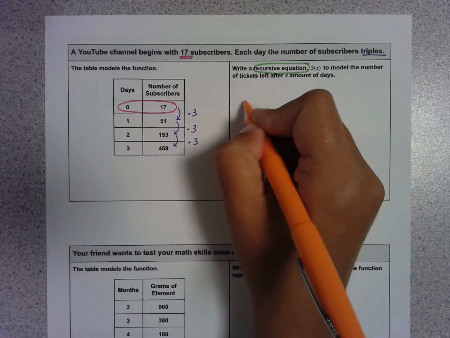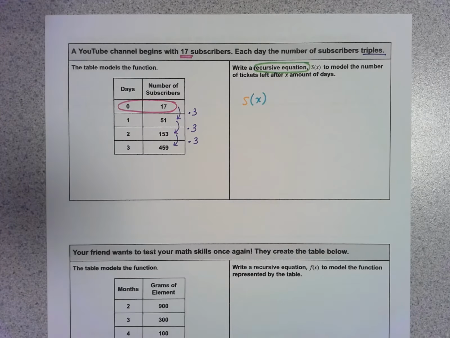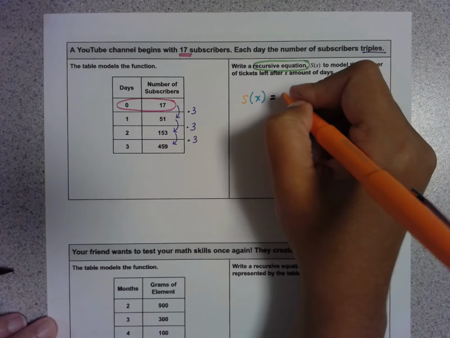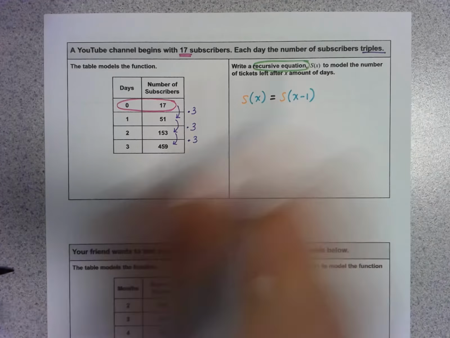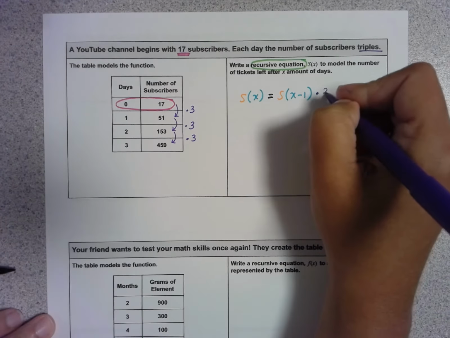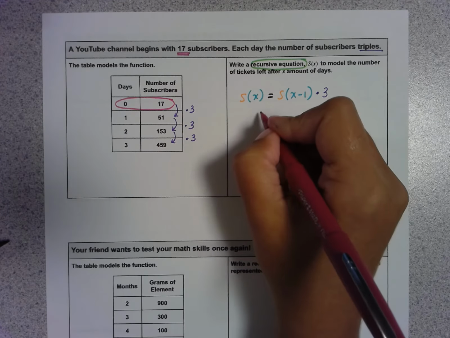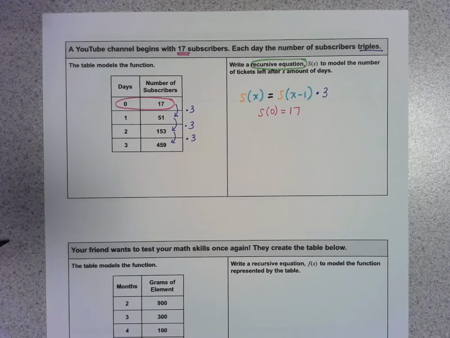So any output S of X is going to be the previous output, so S of X minus 1, the one before that, and then times 3. We also need to specify the starting value, so S of 0 is equal to 17, and you're done.